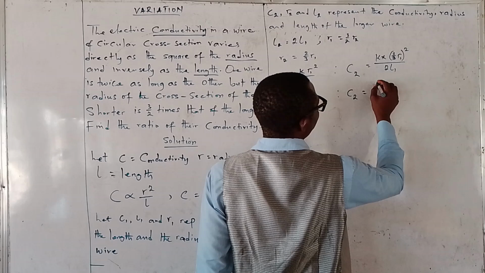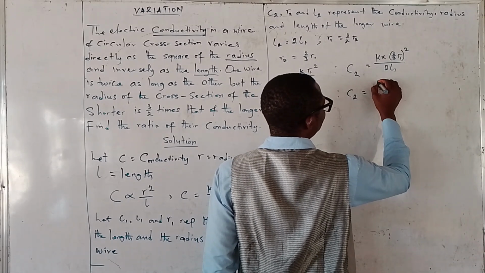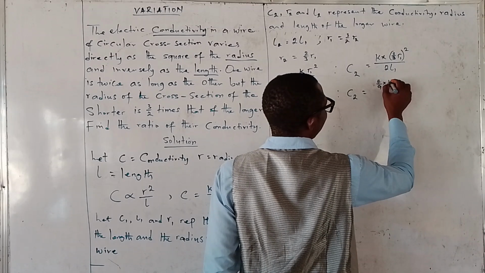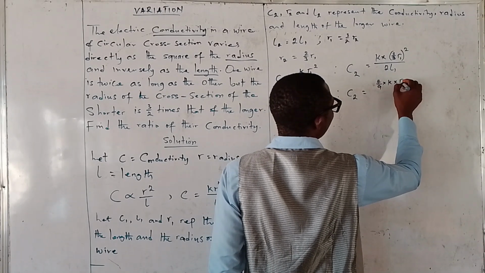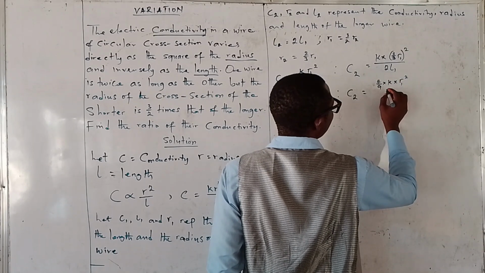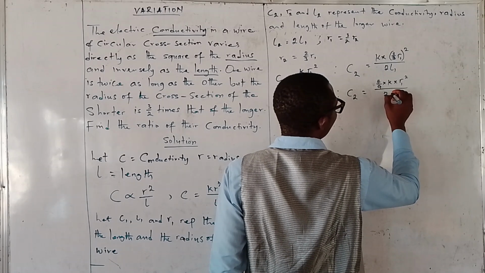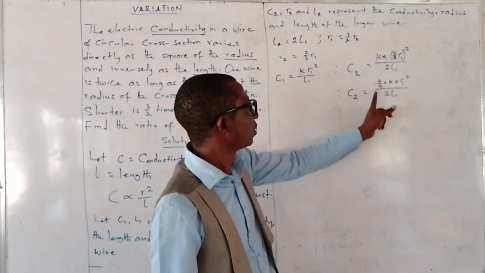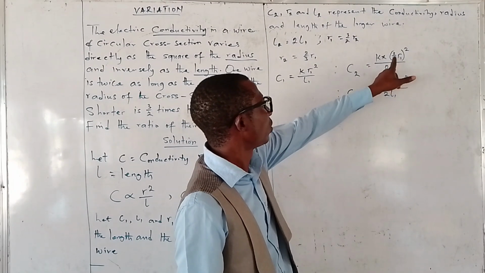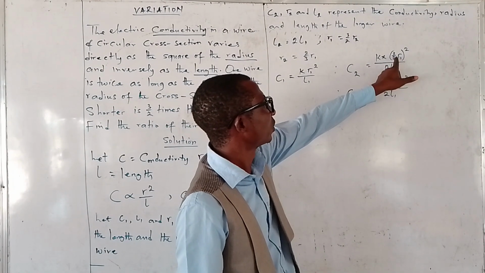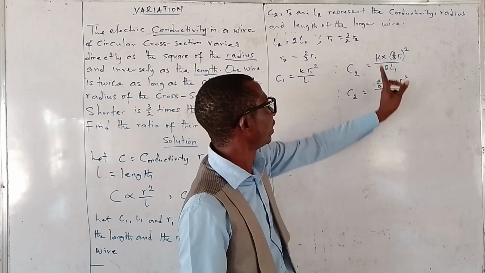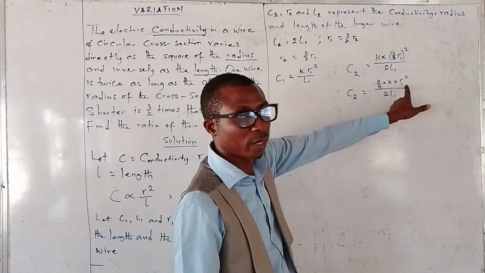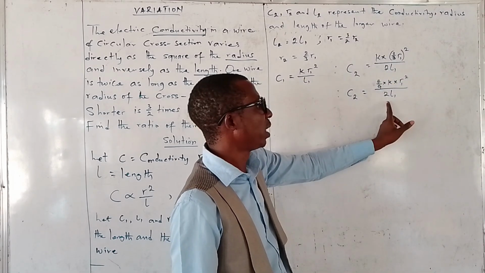So the numerator gives you 4/9 times K times R1 squared all over 2L1. I hope you get that.